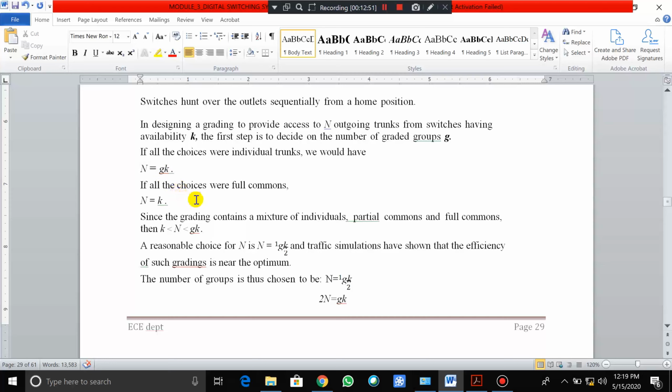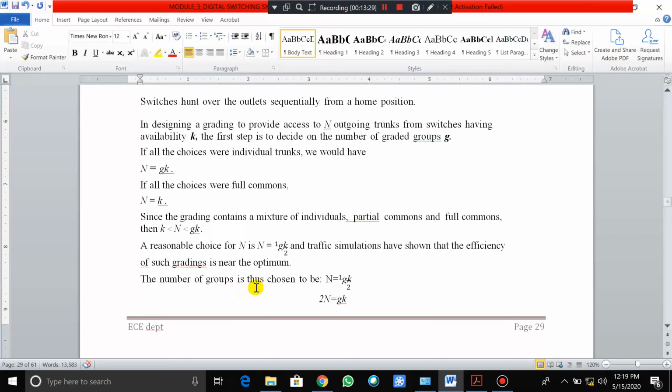If all the choices were fully common, N is equal to K. Since the grading contains a mixture of individual, partial commons and full commons, K is less than N, less than G times K. A reasonable choice is N equal to 1/2 of G times K, and traffic simulations have shown the efficiency of such grading is nearly optimum.